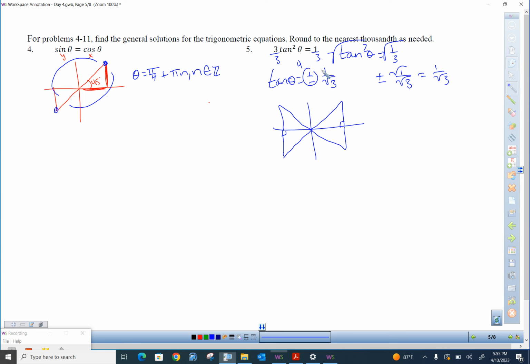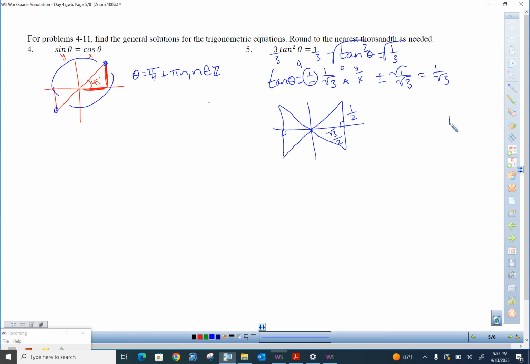Remember, this can be written as opposite over adjacent or y over x. And you'll notice I chose not to rationalize that. That was intentional. It's not our final answer. The angle is. So this version is actually going to help you. Because if I can see this 1, and I can see the square root of 3, that's going to trigger in my memory the 1/2 and the square root of 3 over 2.